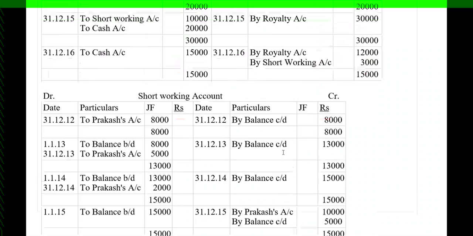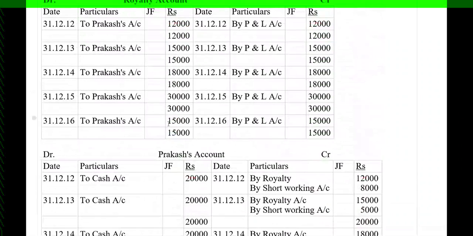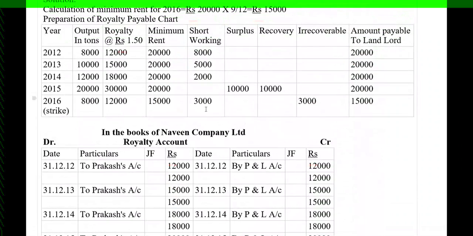So here in 16 what has happened, now let us see here. In 16 in the chart again there is a short working of rupees 3,000 and there is a recovery of 3,000.